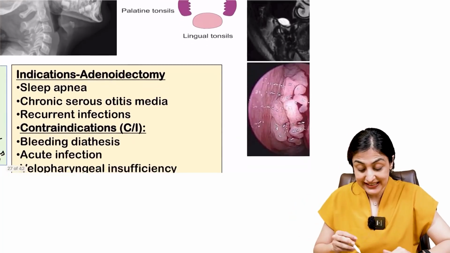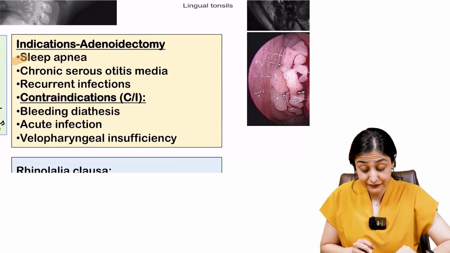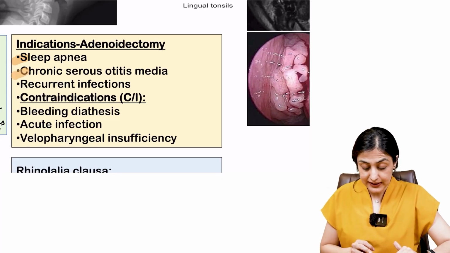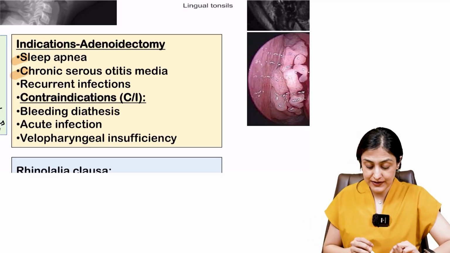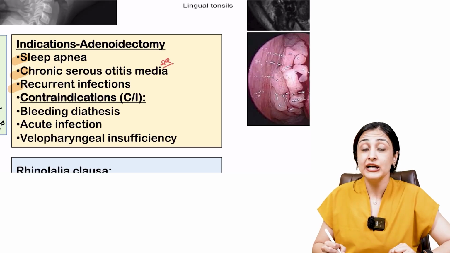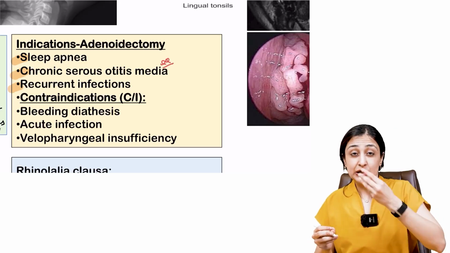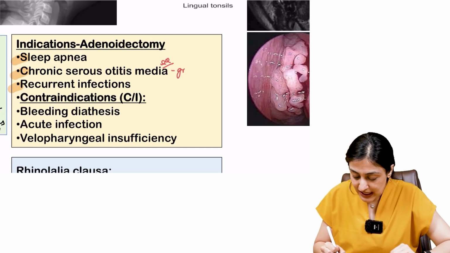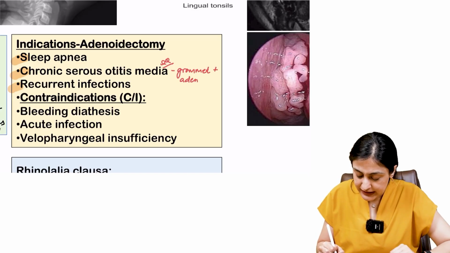So what are the indications of removing them? If adenoids are severe enough to cause sleep apnea, they are causing recurrent serous otitis media, recurrent infection. Many times they have given a child who has hearing loss and is doing mouth breathing. What will you do? The answer usually is put a grommet plus adenoidectomy, right?